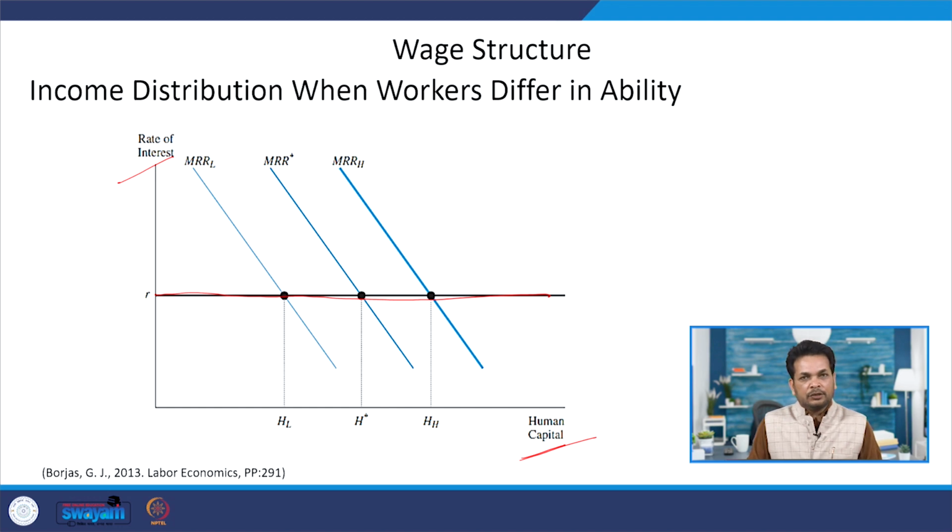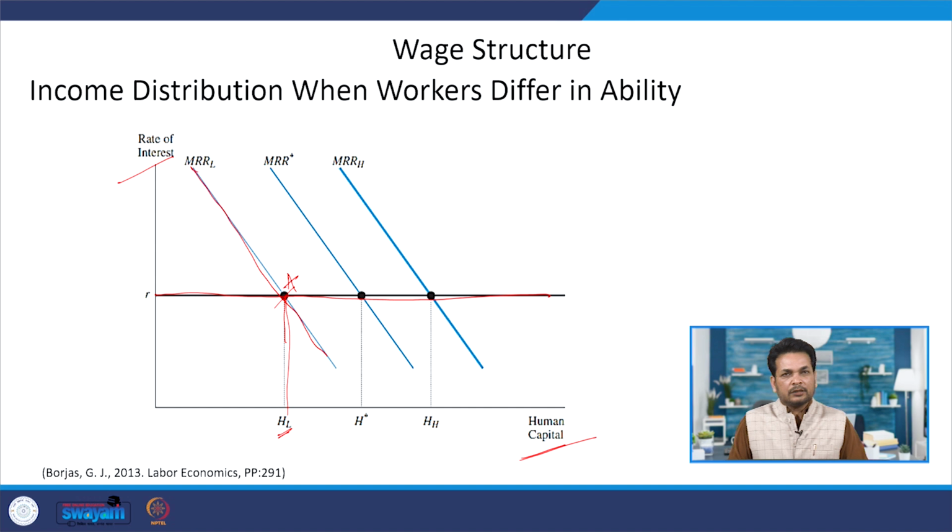Now, how much human capital each group of workers will acquire depends completely on the marginal rate of return. The marginal rate of return for the low ability workers is guided by this marginal rate of return function, and it intersects with the discount rate at point A, and you can see that this group of workers acquires only H L amount of human capital.